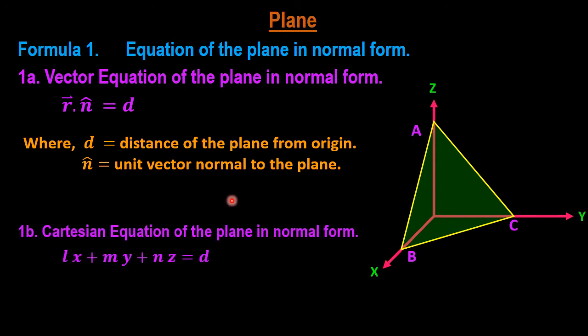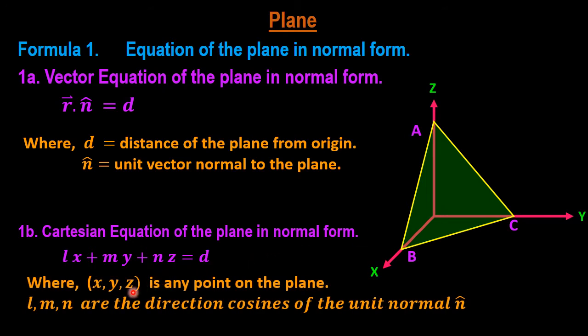Now secondly, let us write the Cartesian equation of the plane in normal form, and it is given by Lx plus My plus Nz equals to d. So here L, M and N, they are the direction cosines of the plane. So it is same as that of the straight line.